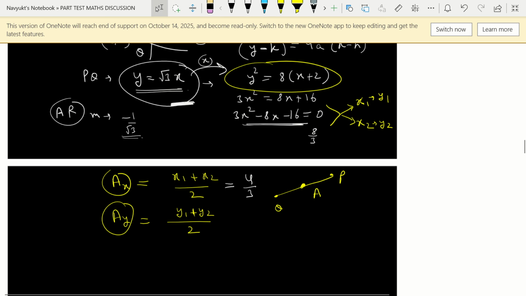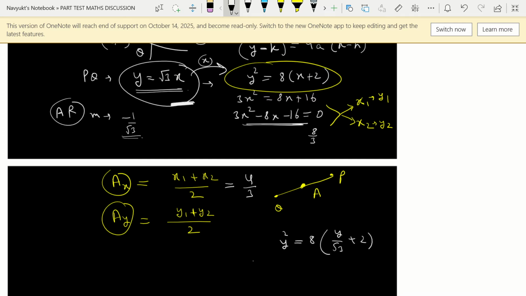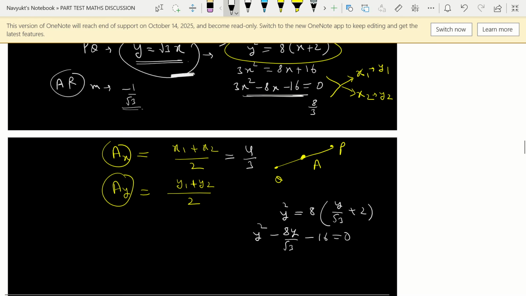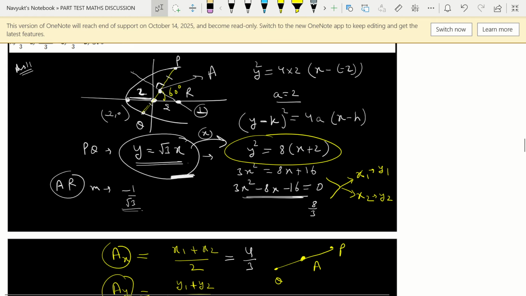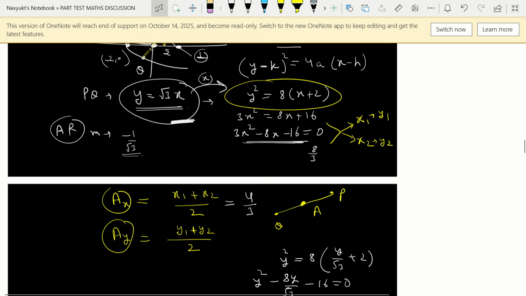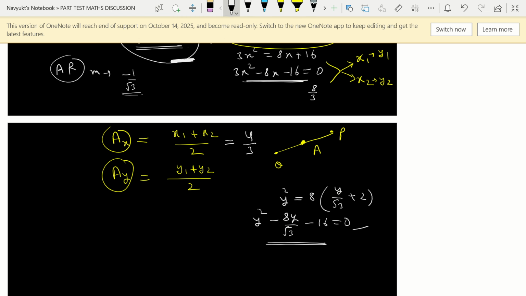Let's replace x. So we are left with y square equals to 8 times x, and x is how much? y by root 3, right? Plus 2. So it is y square minus 8y by root 3 minus 16. Again, this quadratic is the combination of this PQ line and this parabola, so the roots should be their intersection points, which are P and Q. So y1 and y2 are the outputs of this.